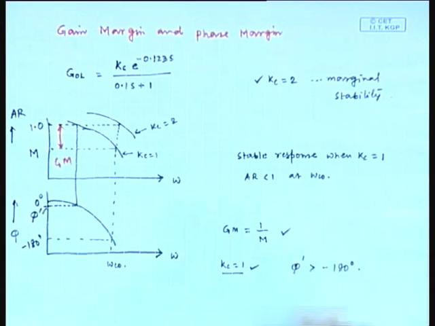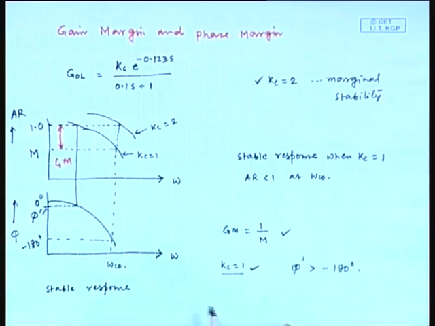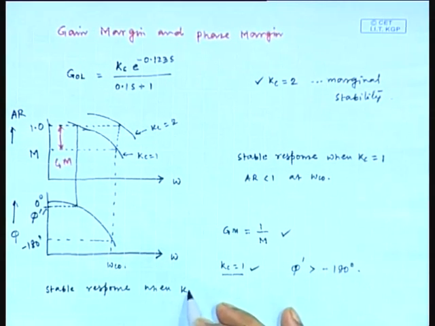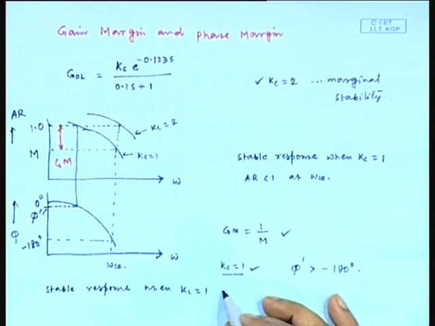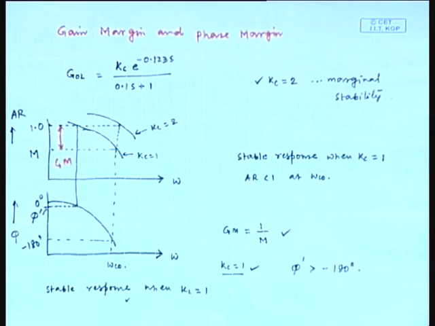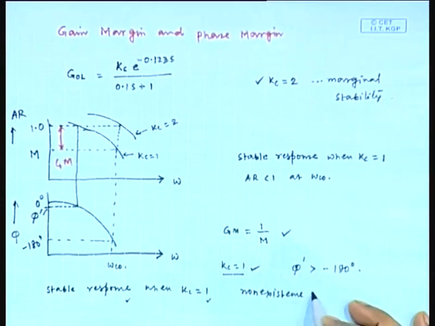Agree. So, we can say that we obtain stable response when Kc equals 1 because of the non-existence of crossover frequency.